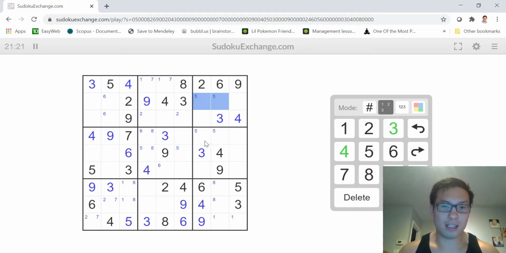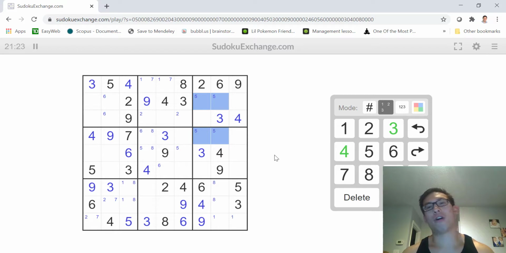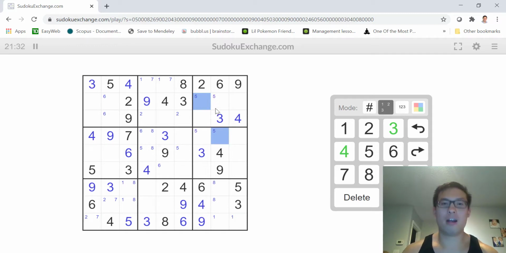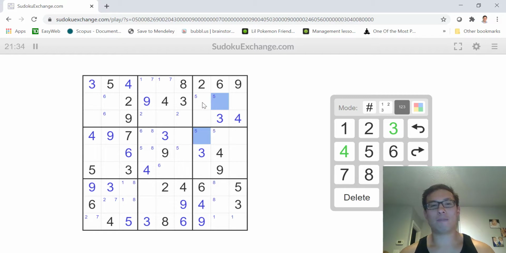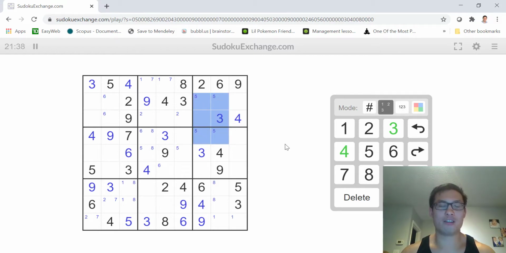These 2 5s and these 2 5s give a structure called an X-wing. They communicate with each other, and in the final puzzle, either this will be a 5 or this will be a 5. Or this will be a 5 and this will be a 5. It kind of creates an X. I just drew a rectangle, but you get what I'm trying to say, hopefully.